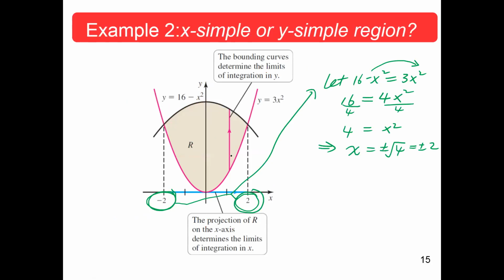And again, you can draw a vertical arrow to intersect those two graphs. So let's see, how do we express this region R in a y simple way? Let's first talk about the x values. How do we say about the x values?